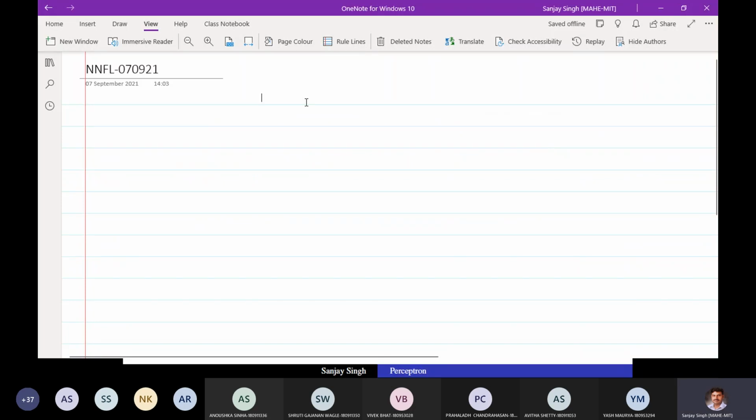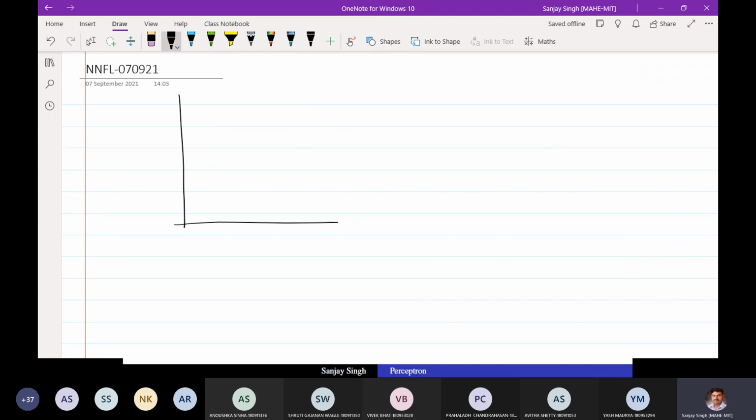Let's say you have some data plotted, just 2D data I'm talking about. Suppose this kind of data is there with you, and if you are able to draw a clear-cut decision boundary between the two, then it is linearly separable. So basically, one neuron or one perceptron can be used for classification of these two classes.